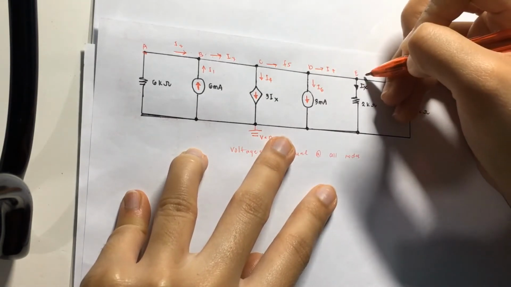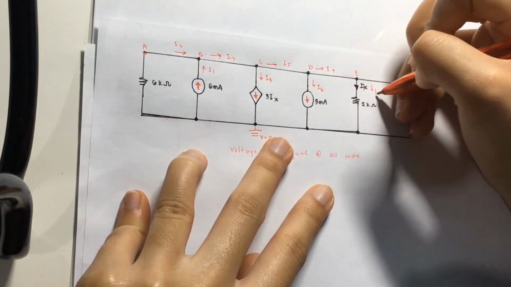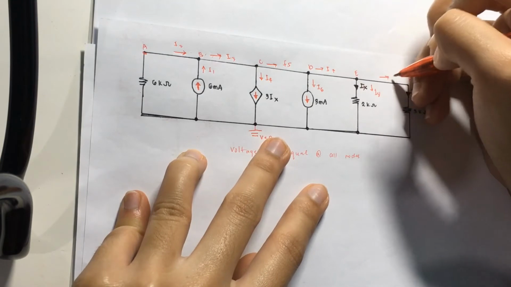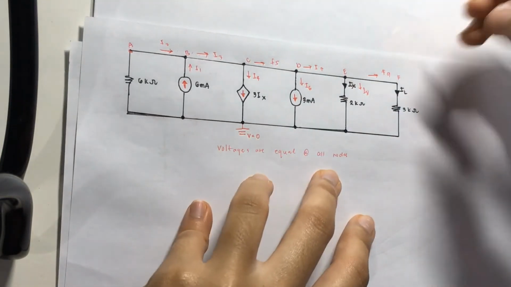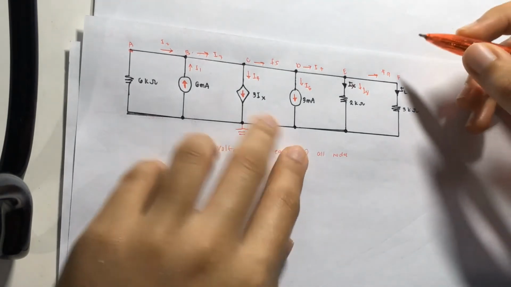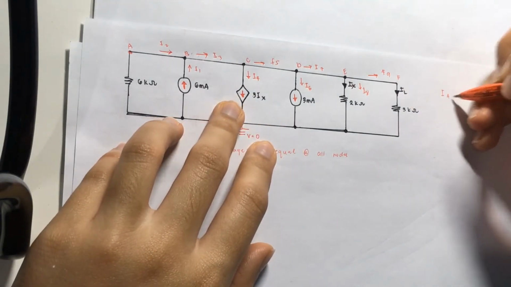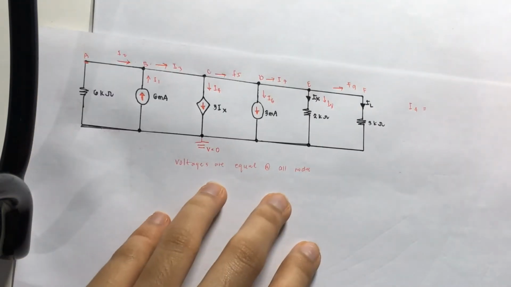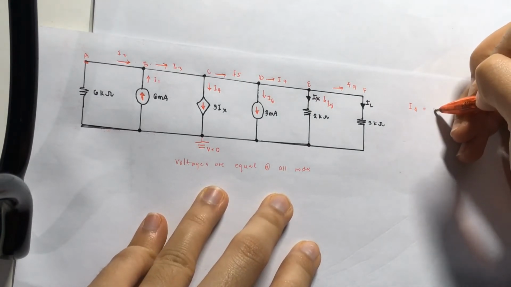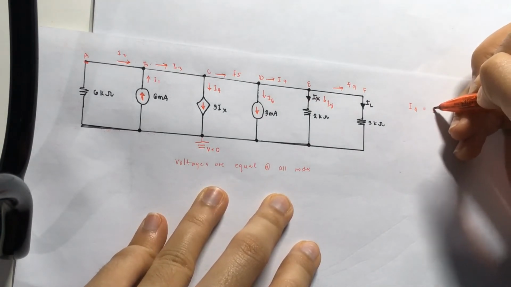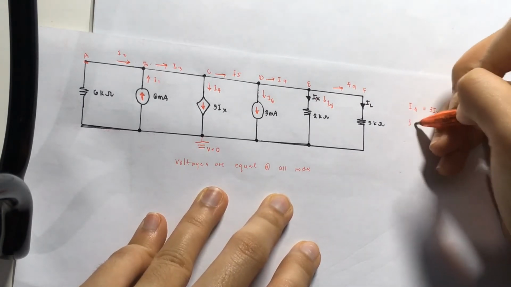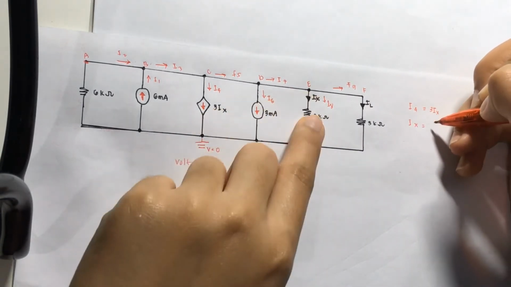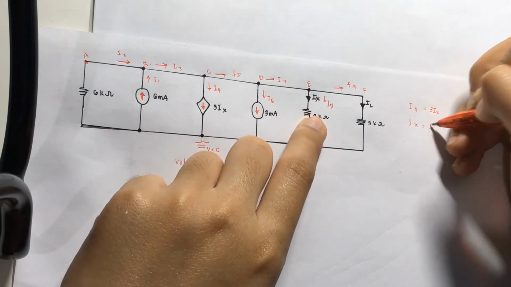I7, I8, and I9. So you can say that I4 is equal to 3ix, and ix is equal to I8.